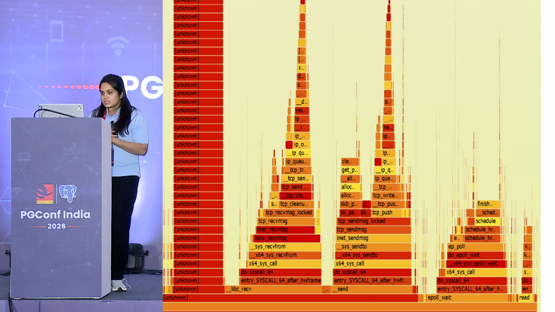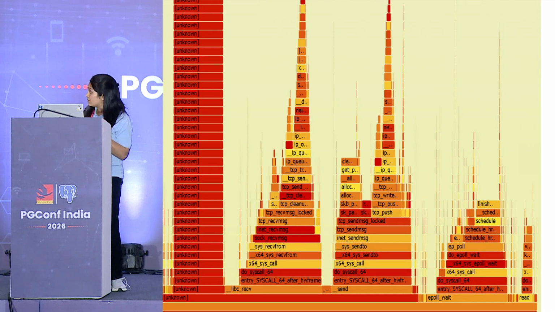Now if you look at this, sorry about the unknowns there, because I think this was run on a cluster which was optimized to a level that the debug info for these function calls was not available.